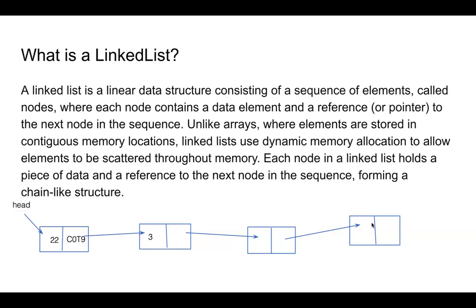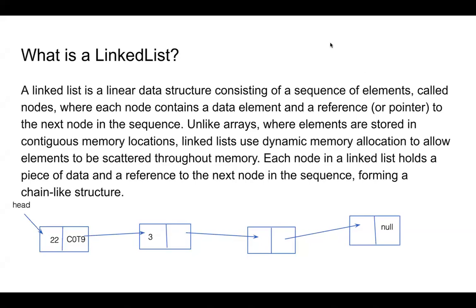And for the last node, the pointer that's pointing to the next location will always be null. Why? Because that is the last node and it should not point to anything else and it should end over there. So this is pretty much how it looks or works.